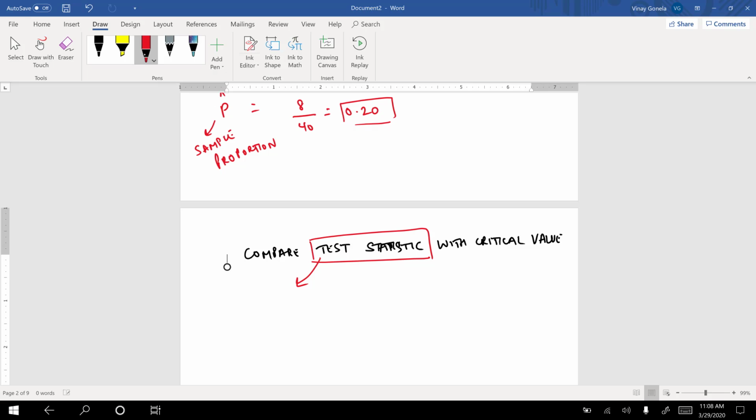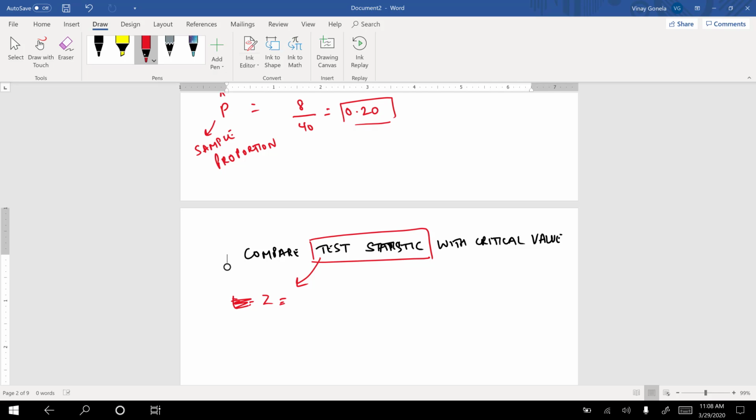In our Z problems, you should remember that the one tail and two tail test statistic formula will be the same. So test statistic for proportions is Z.